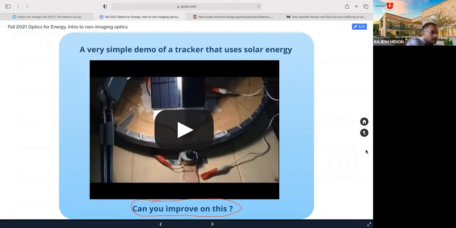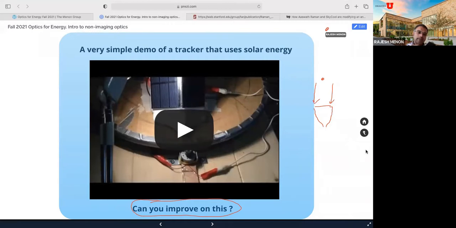So actually, I should probably draw this. If the sun is here, and I have the CPC collecting, I'm going to draw straight lines because the sun's far away.